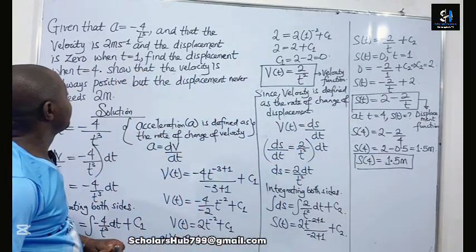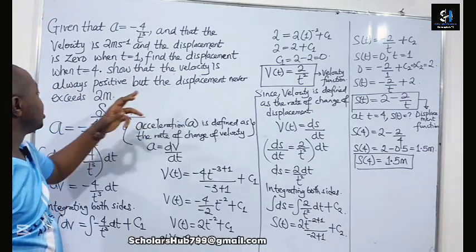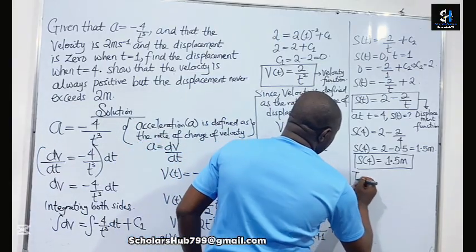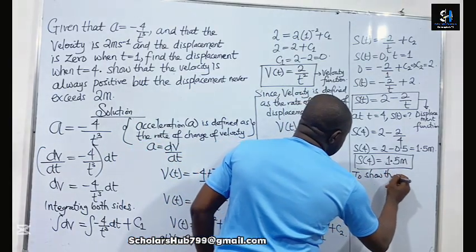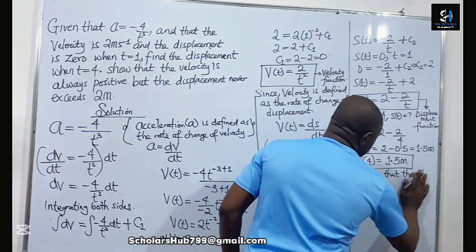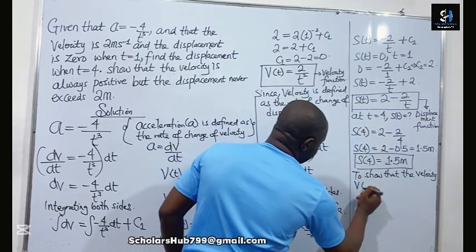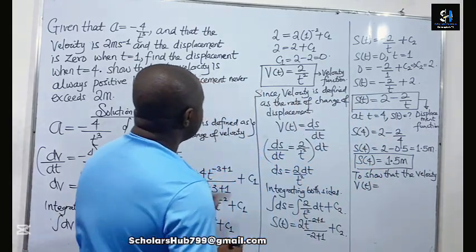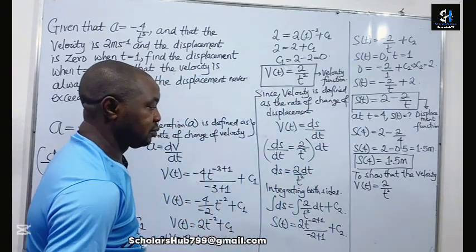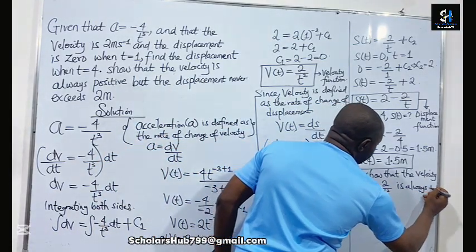Nice. Now, we are asked to show that the velocity is always positive, but the displacement never exceeds 2 meters. Very simple. Now, to show that the velocity, v of t equals 2 over t squared, is always positive.